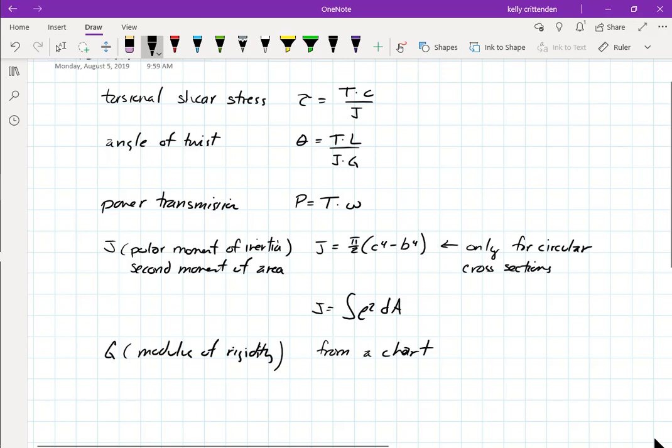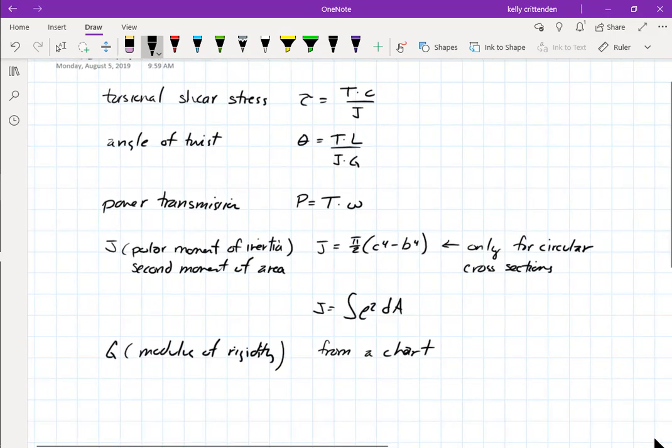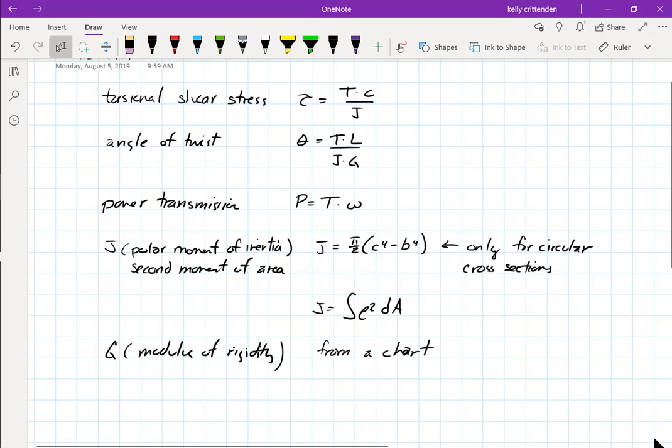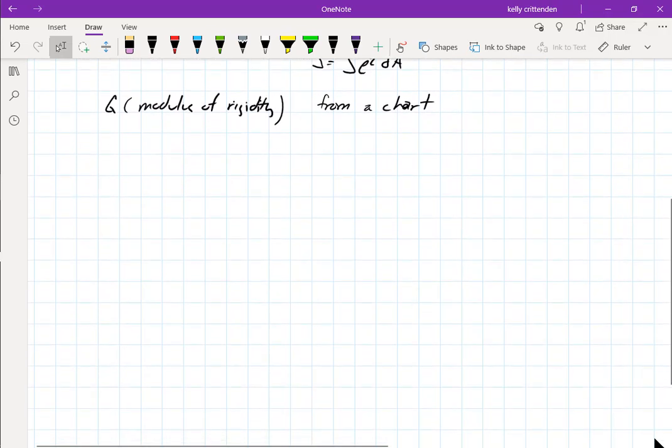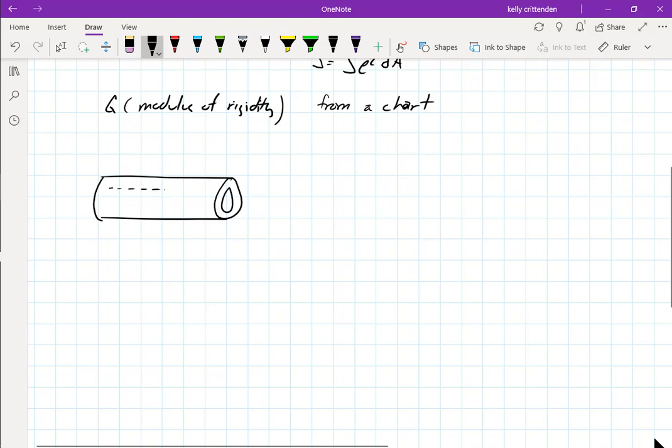All right, let's see. I don't think we worked any problems where we had a hollow cross section. If we did, I don't remember them. So let's do one that has a hollow piece on it. Let's make this hollow all the way through.